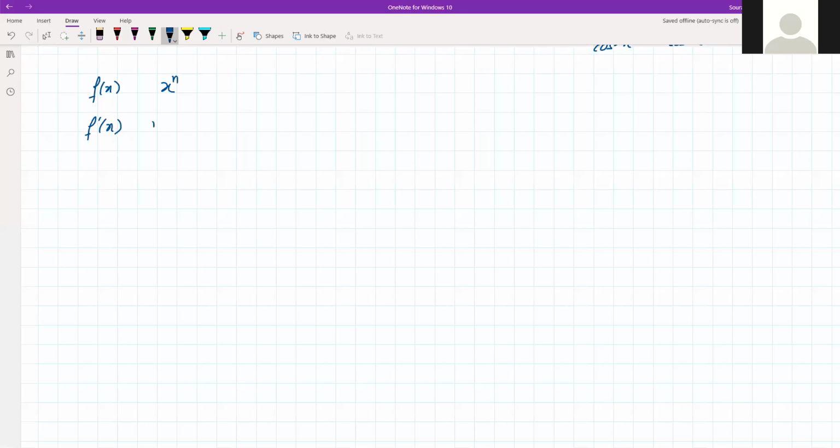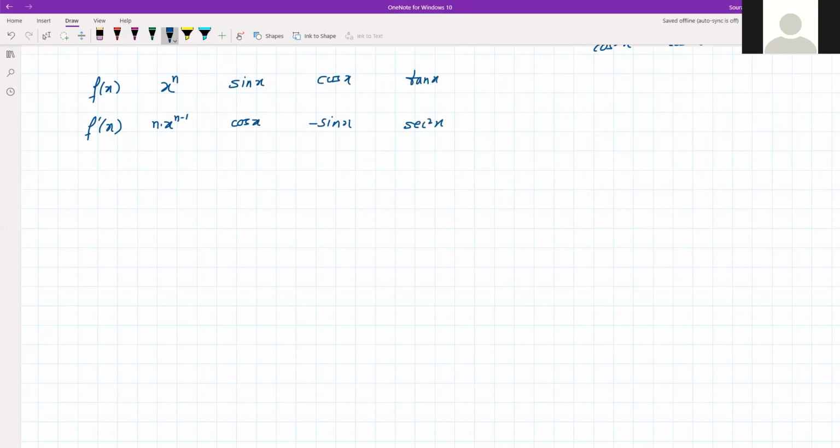So its differentiation is n into x to the power n minus 1. Next, we have seen trigonometric functions like sine x, and its differentiation was cos x. Cos x, its differentiation is minus sine x. And tan x, just now we have seen its differentiation is secant square x.